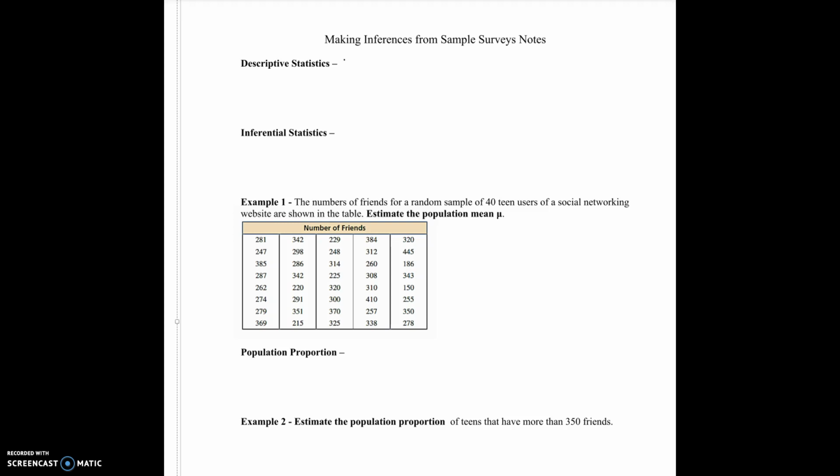Descriptive involves the organization, summarization, and display of data.